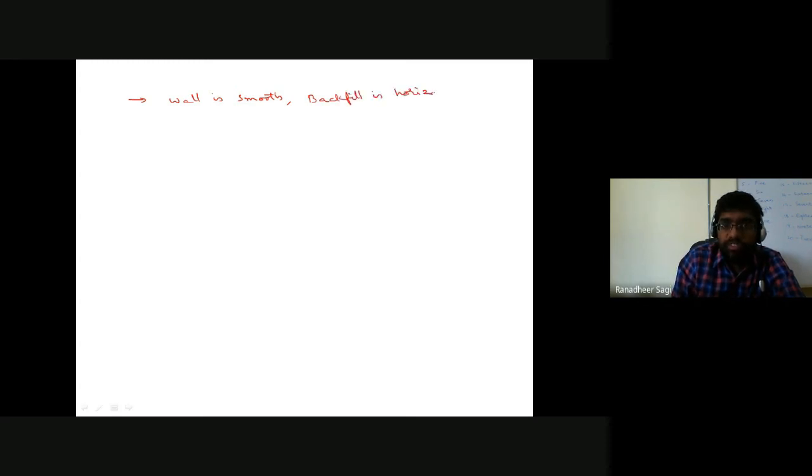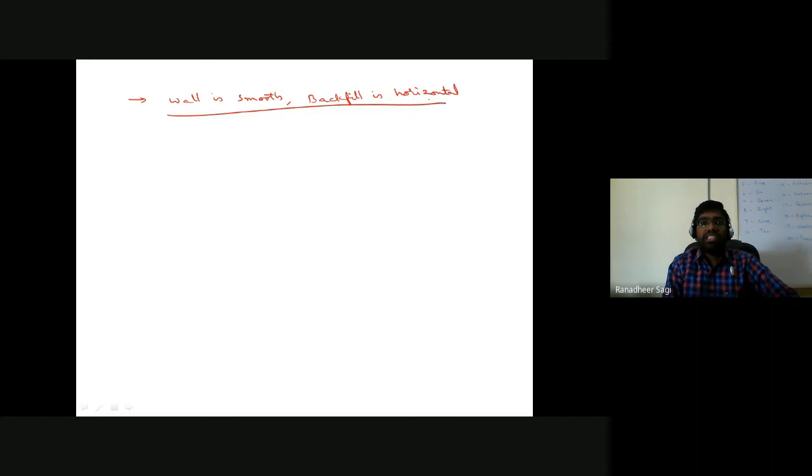Sir, earlier in the assumptions you mentioned the wall friction angle, that is, the friction between the retaining wall and the adjacent backfill material is considered. Yes, I do come across that particular case. The purpose of talking about this condition, that the wall is smooth and the backfill is horizontal, is for the case of active or passive state.